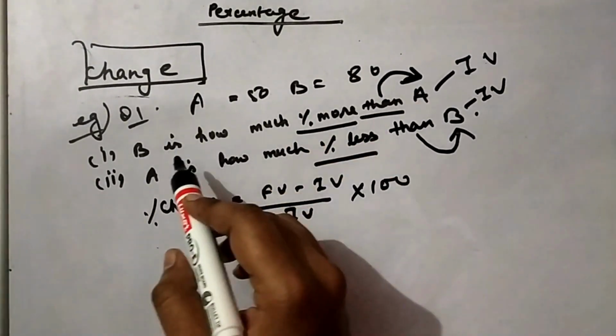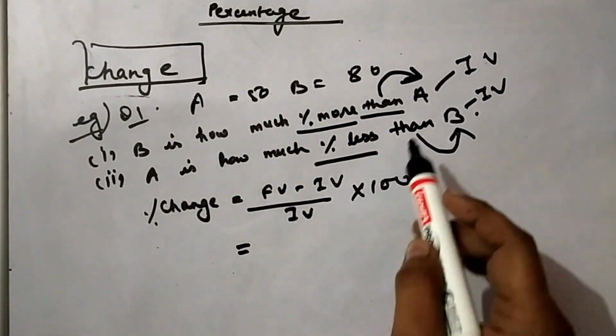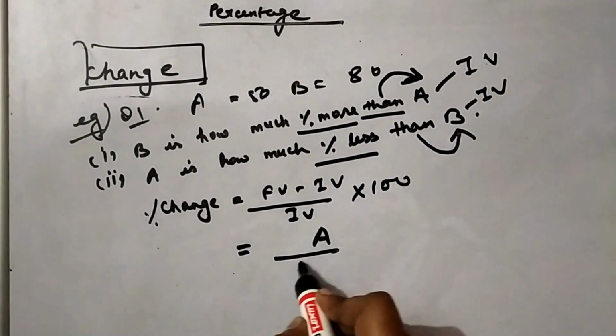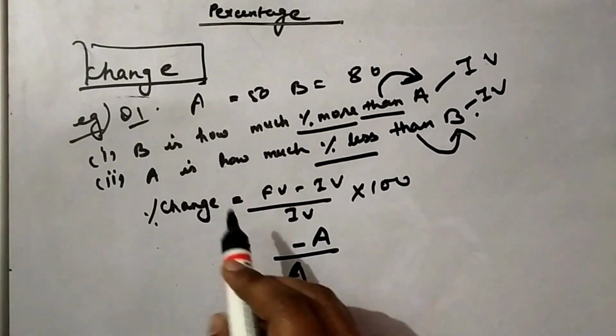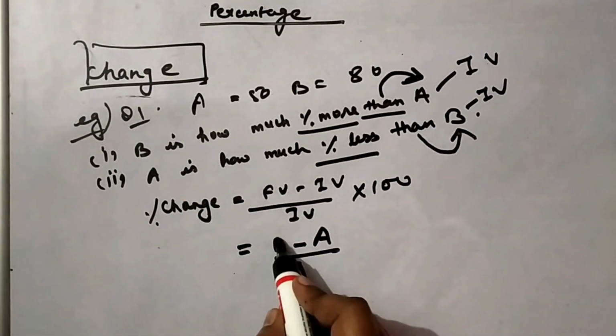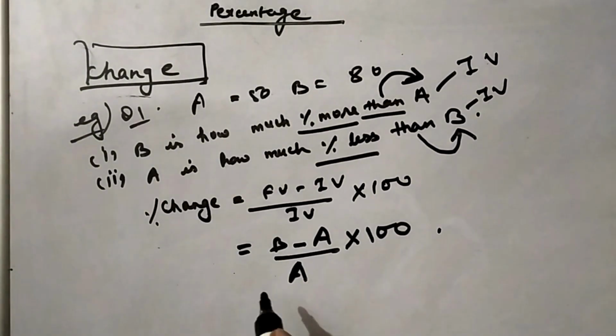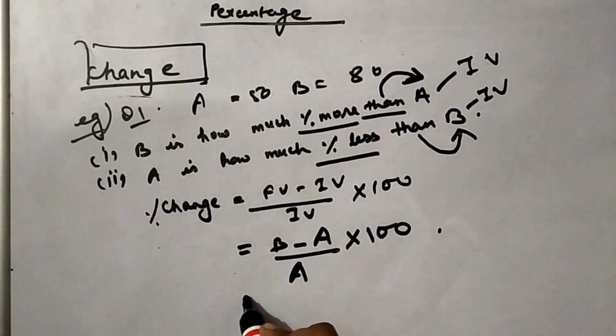So what is left? Final value is left. So A is the initial value. Put A as initial value. Final value will become B. Now put the values.